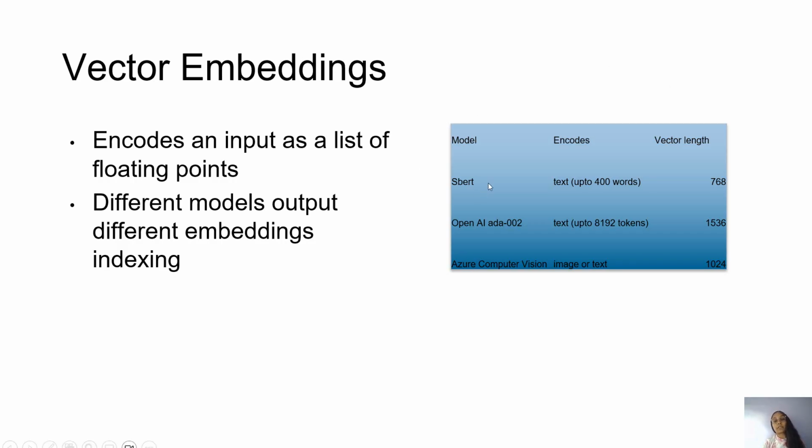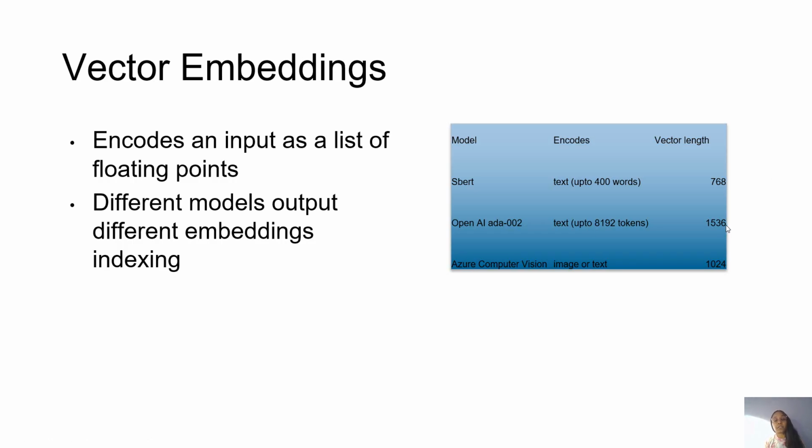as seen in the table here, where the SBERT embedding model encodes up to 400 words, and the vector length is 768. And when we look at the OpenAI ADA model, ADA 002, it takes up to 8192 tokens, and the vector length is 1536.